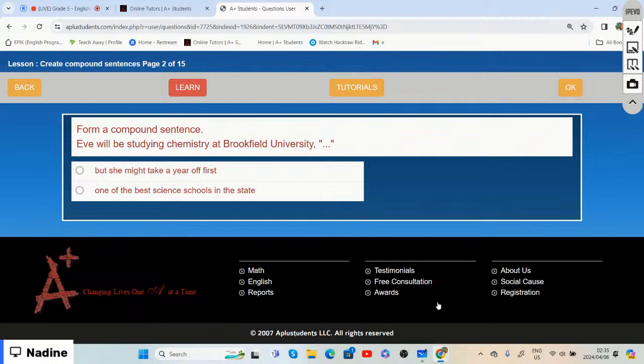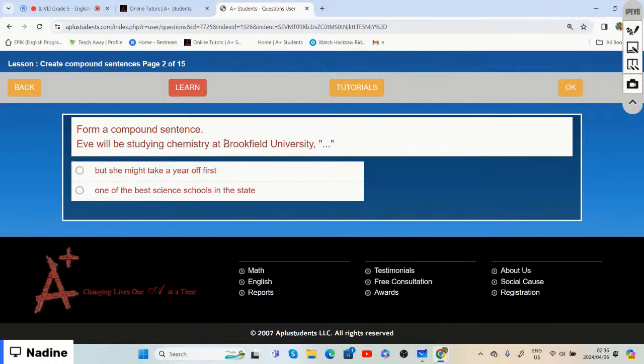All right. So we're going to create another compound sentence, right? It says "Eve will be studying chemistry at Brookfield University." Do we say "but she might take a year off first," or "one of the best science schools in the state"? So which one is the correct one?